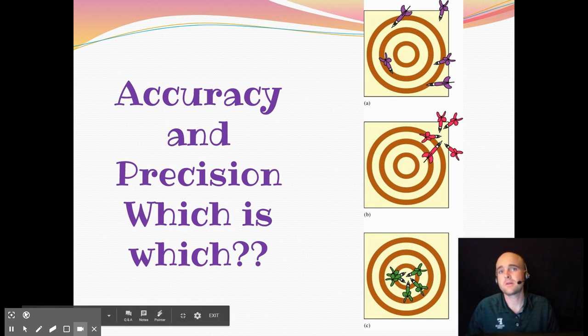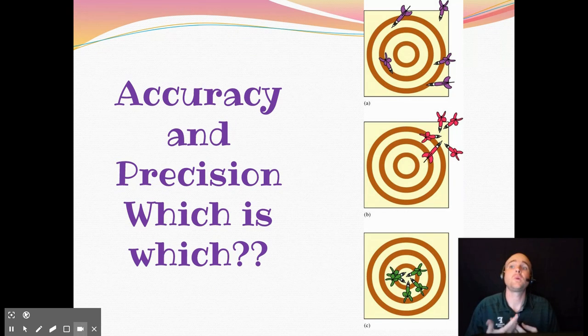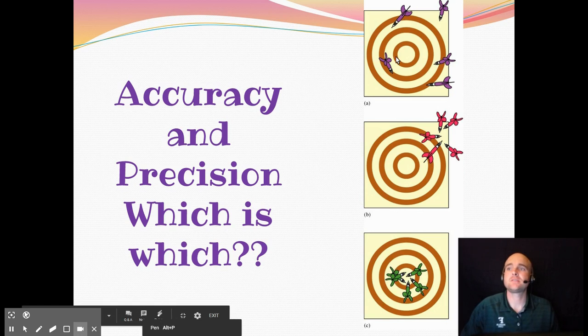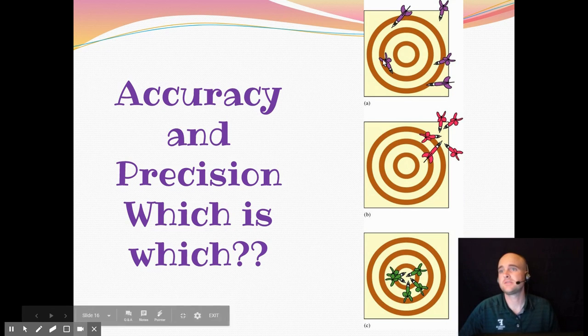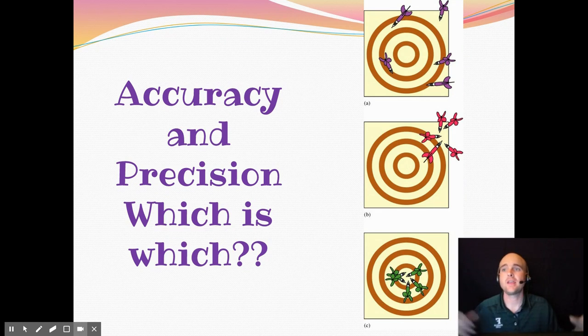You heard me use the terms accuracy and precision. Do you know what they mean? This one is not accurate and not precise at all, because none of the darts are close to each other or close to the bullseye. These are close together but not close to the bullseye, so these are precise, but not accurate because they're not on the bullseye.